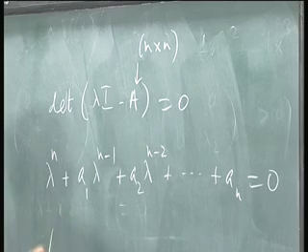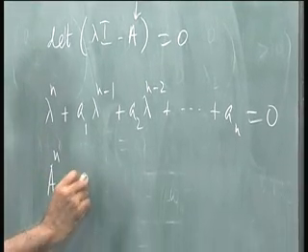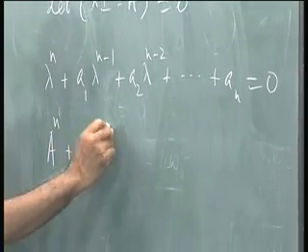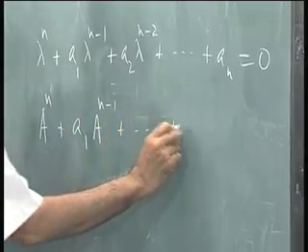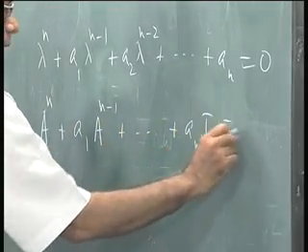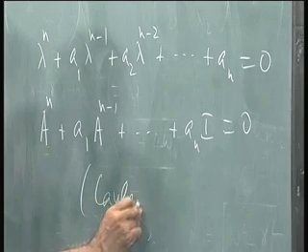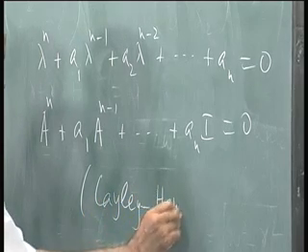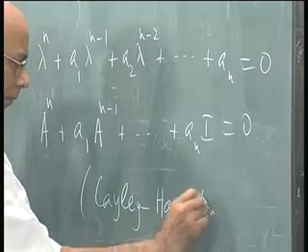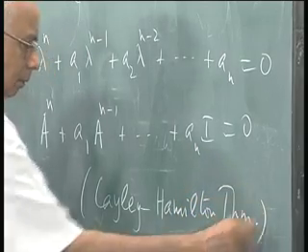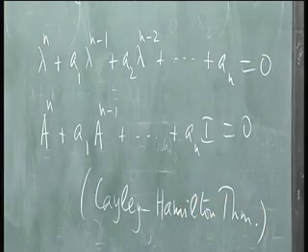In other words, you are guaranteed that A to the n plus A1 A to the n minus 1 plus ... plus An I equal to 0. The statement is every matrix satisfies its own characteristic equation.